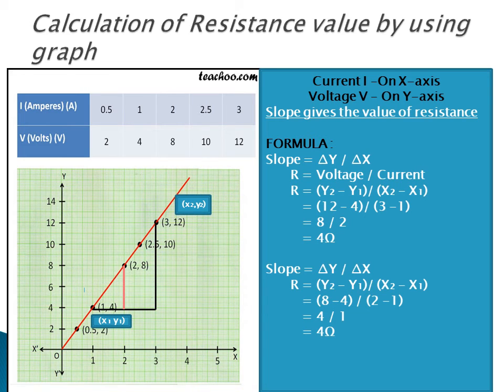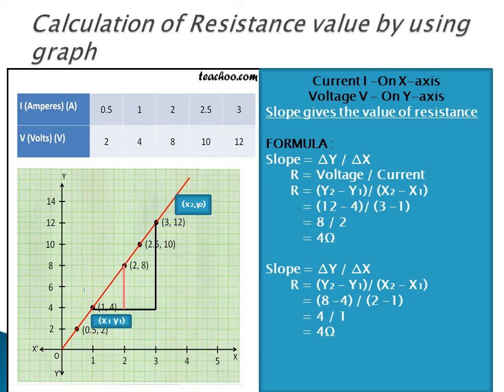The second point is 3 and 12. That means 3 represents the x2 value and 12 represents the y2 value. We put all these values in the given formula, and after calculating we get the resistance value equal to 4 ohm.